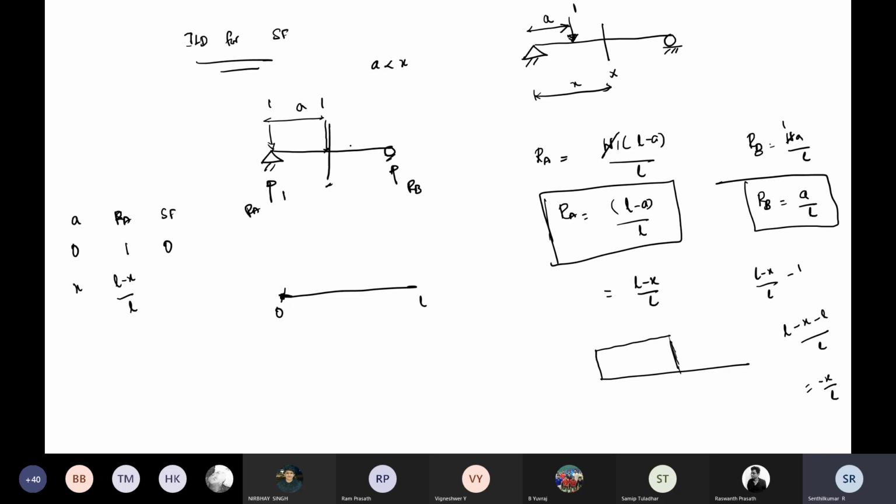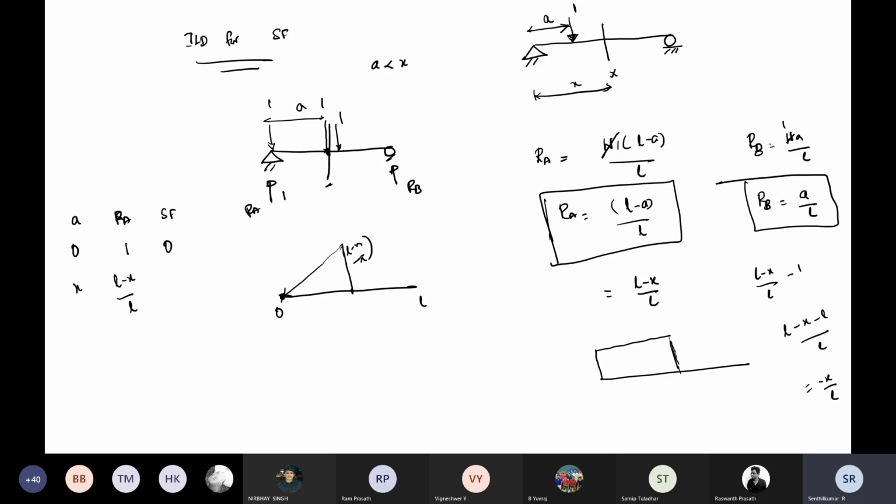Now your one value is here, this point. What about your value here? Exactly, you are putting the unit load on the left side of your section. What will be your positive value? Positive value will be just L minus X by L.